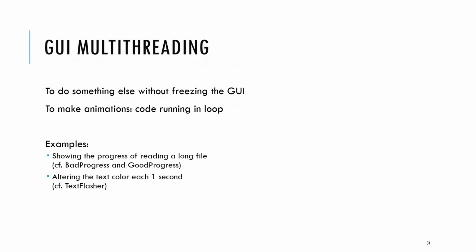So if you want to do something else that would freeze the graphical user interface, then you need to use multi-threading. So to do something else without freezing the GUI, you need to use multi-threading, or sometimes to make animations, then you also need to use multi-threading, because the most basic animation would be to move a certain button, let's say from this position to that position, but to do it slowly, well, then you're increasing the X position of the button by a certain delta X. It could be a fixed delta X if you want a uniform speed.